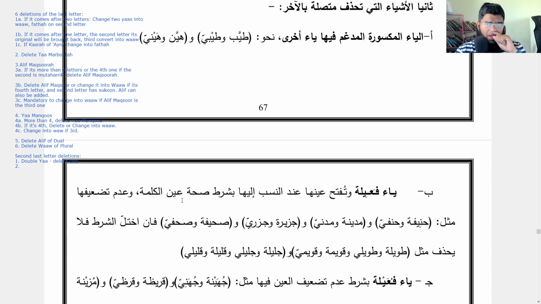It should not be a weak letter. So anytime we get fa'ila pattern, we should see what's going on here. First, is it sahih? Is that harful illa or not? Is there a weak letter or not? And it should not be doubled.